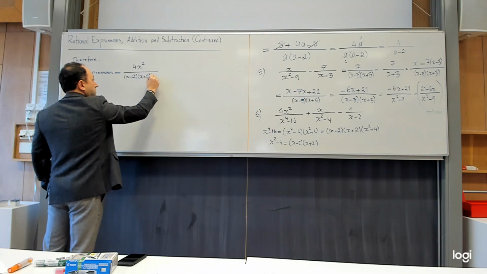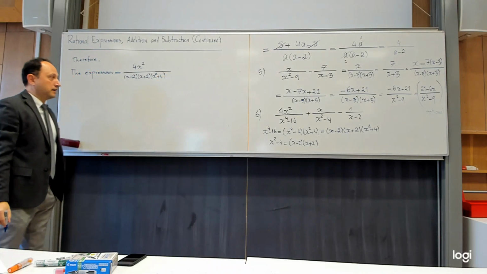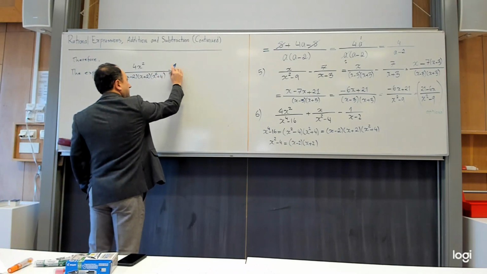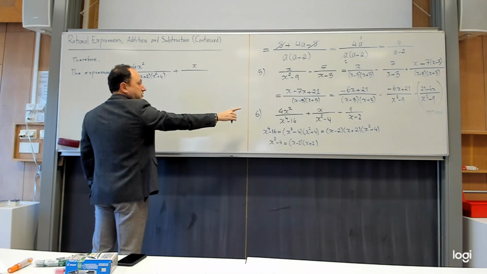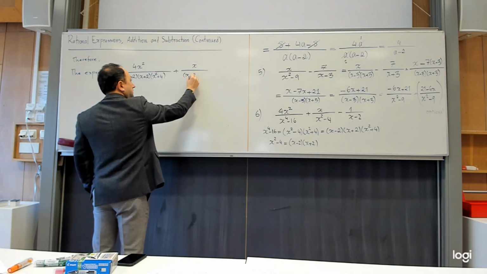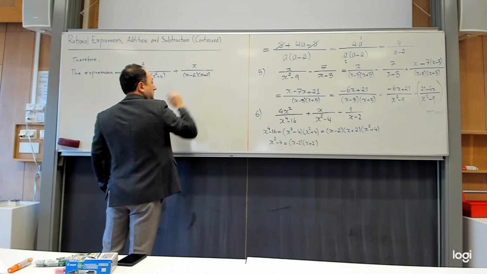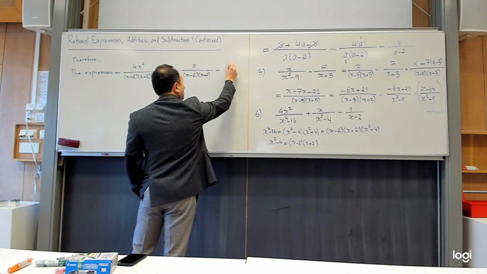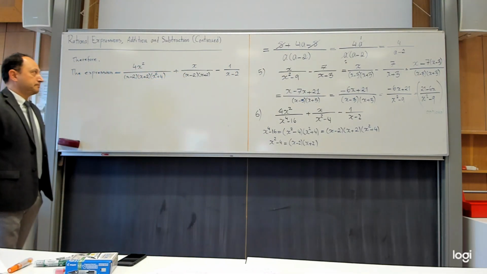X squared plus 4. And then I have plus. The numerator is x as before, but x squared minus 4 has been factorized here. And the last one, we cannot factorize it anymore, so that is just a copy and paste.